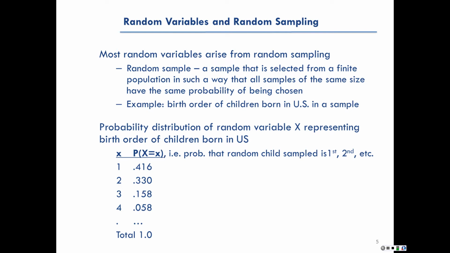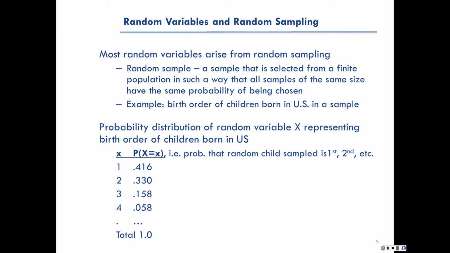So, for example, let's talk about birth order of children born in the United States in a given sample. We have a probability distribution for the random variable X, representing birth order of children born in the United States. That ranges from 1 all the way to whatever the maximum number of children is, perhaps on some reality TV show that we've seen.